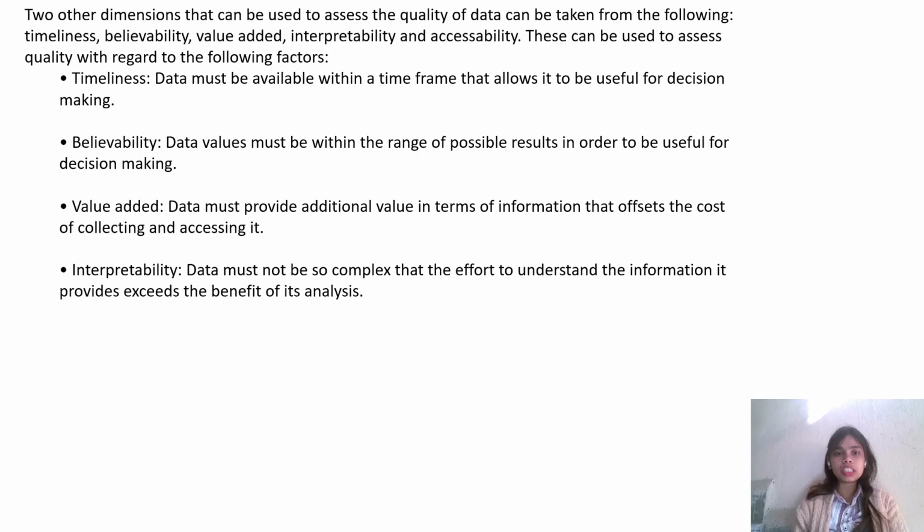Second, believability: data values must be within the range of possible results in order to be useful for decision making. Third, value added: data must provide additional value in terms of information that offsets the cost of collecting and accessing it. Fourth, interpretability: data must not be so complex that the information it provides is difficult to understand, or the benefits of its analysis are lost.